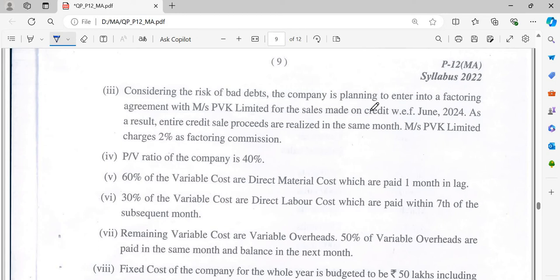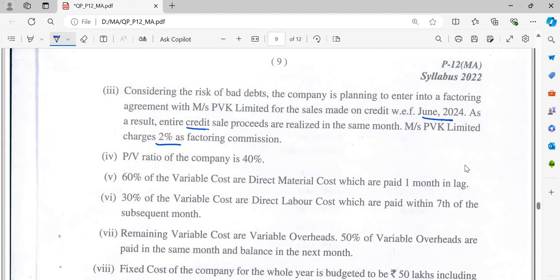So, considering the risk of bad debts, the company is planning to enter into a factoring agreement with PVK Limited for the sales made on credit with effect from June. So we are entering into the factoring agreement from June only. So this will come into picture only in the month of June, not for the previous months. So we need to pay some factoring commission, right?